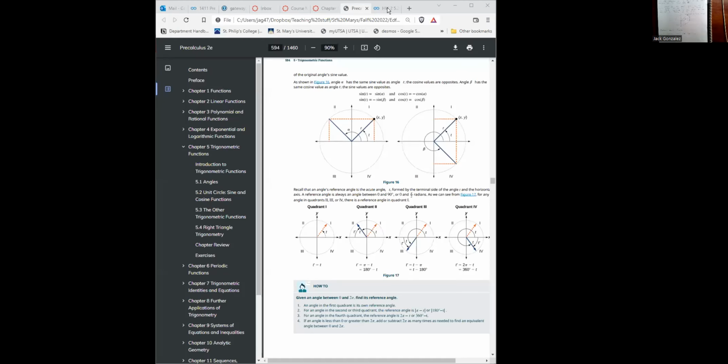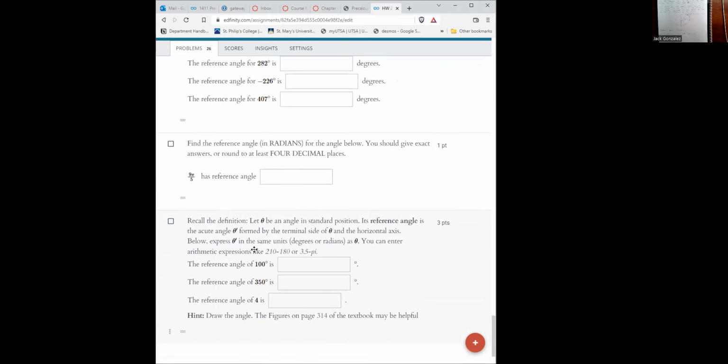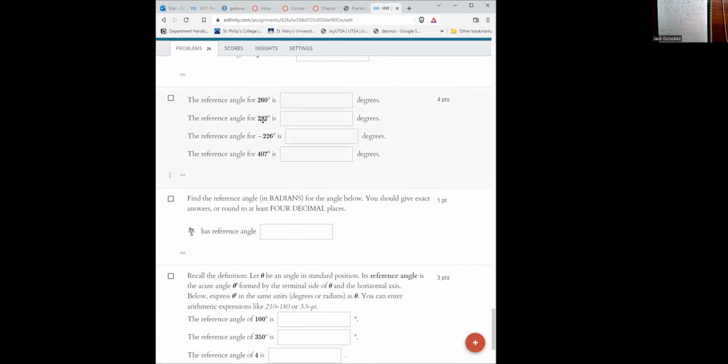Example 2. Go back. Question says, 282. Well, that's now in quadrant 4. So you would say, okay, reference angle for 282 degrees. That would be 360 degrees minus 282.